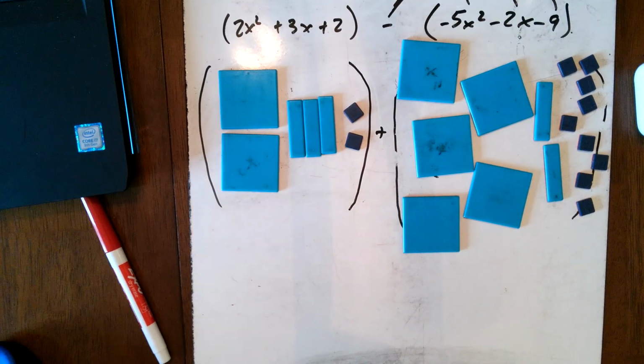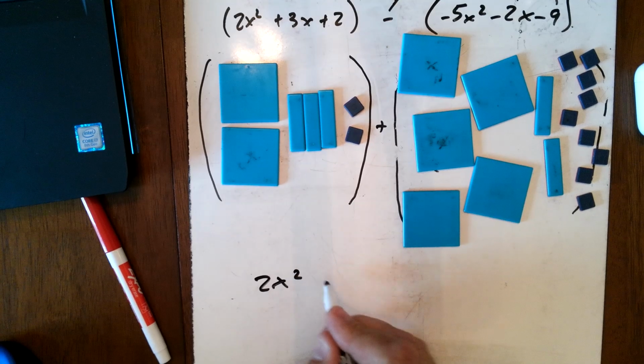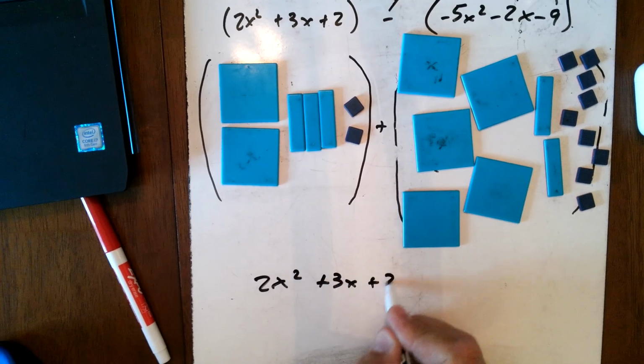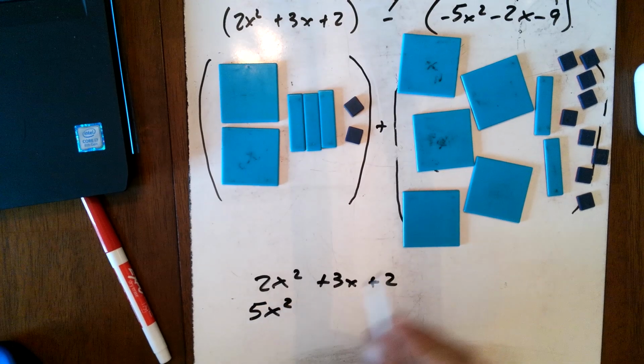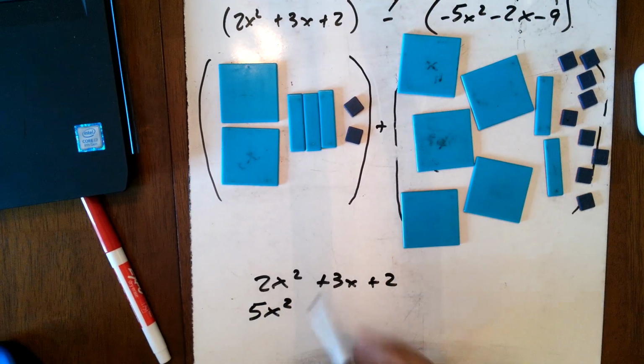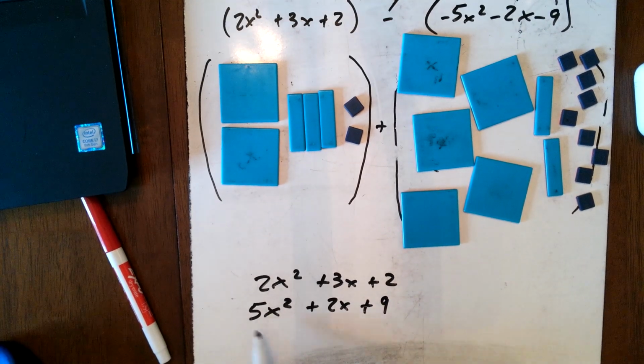So I'll rewrite what it would look like. It'd be 2x squared plus 3x plus 2, and then subtracting a negative is adding a 5x squared. Subtracting a negative 2x is like adding 2x, and subtracting a negative 9 is like adding a positive 9, okay?